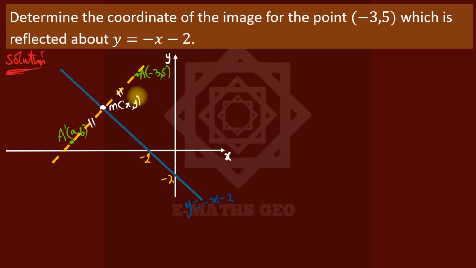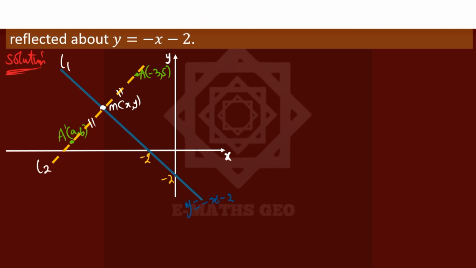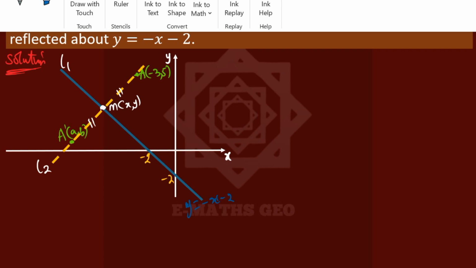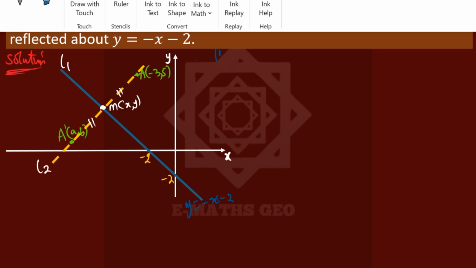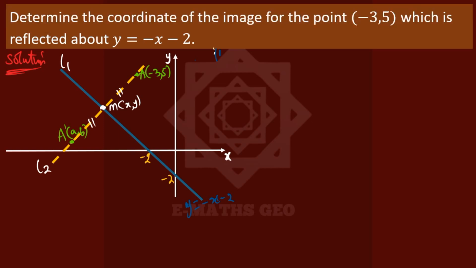So how do you get the midpoint? We need to get the point of intersection of the two lines. So first we need to get the equation of the second line. Let's call the first line L1, the second one L2. The equation of L1 is y equals minus x minus 2.